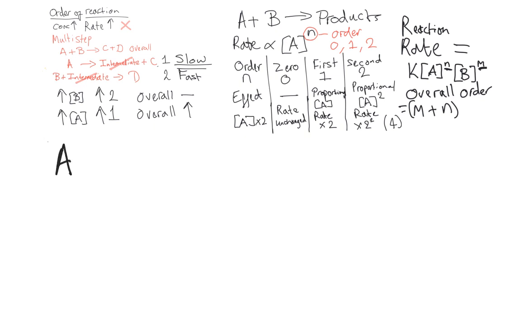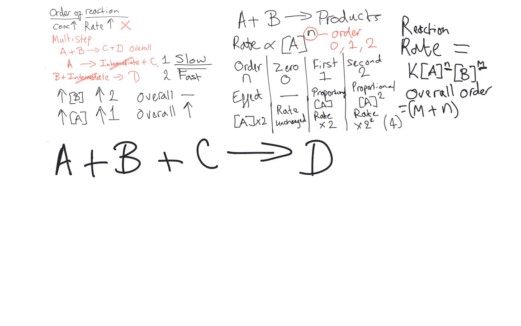So we've got A plus B plus C, and let's have it make D. This is actually the first task I'm going to give you, so this is part of that first task. I'm going to do a couple with you, and then you guys are going to take over from there.